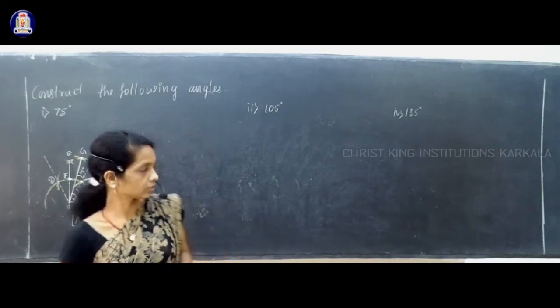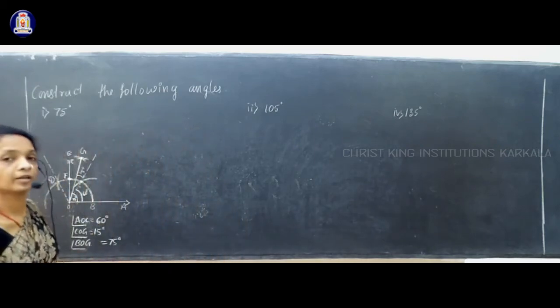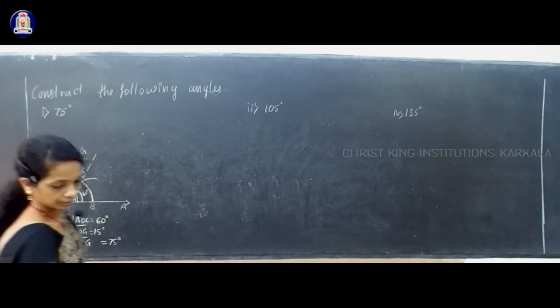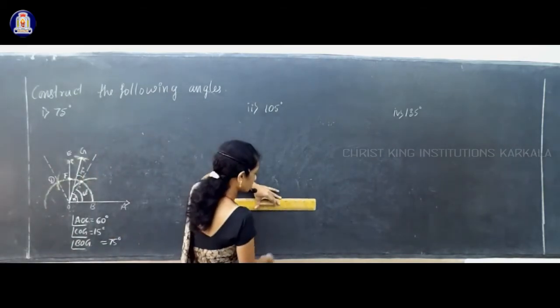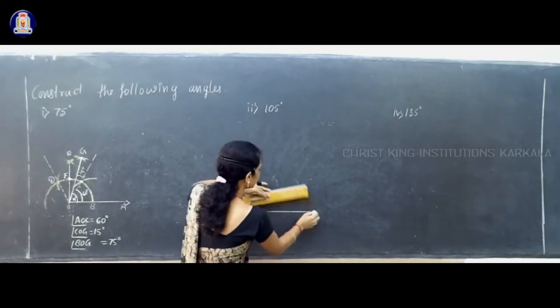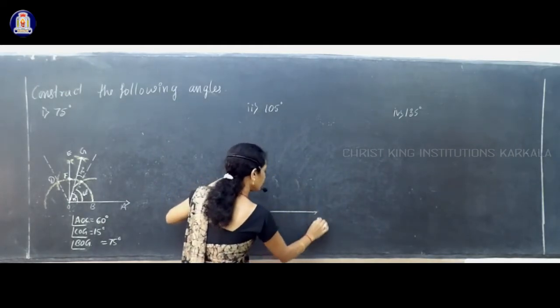Okay. Next we go to 105 degree construction. So here the starting procedure is the same. You have to draw one initial ray OA.